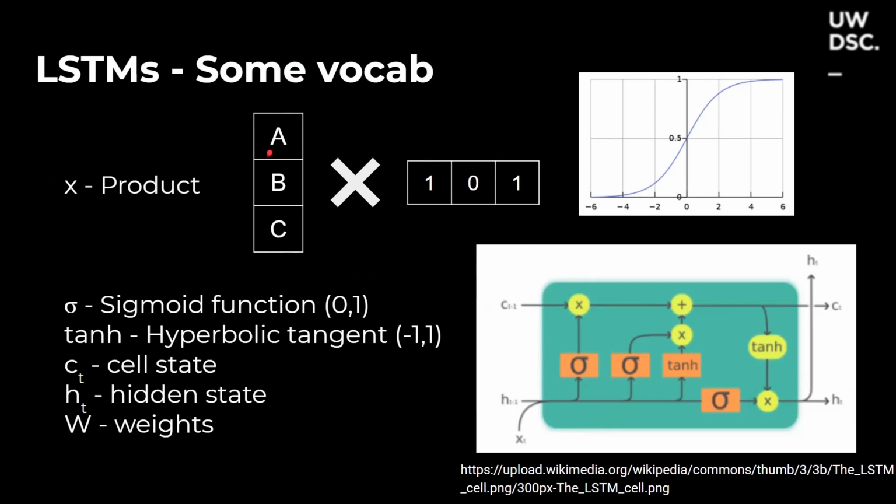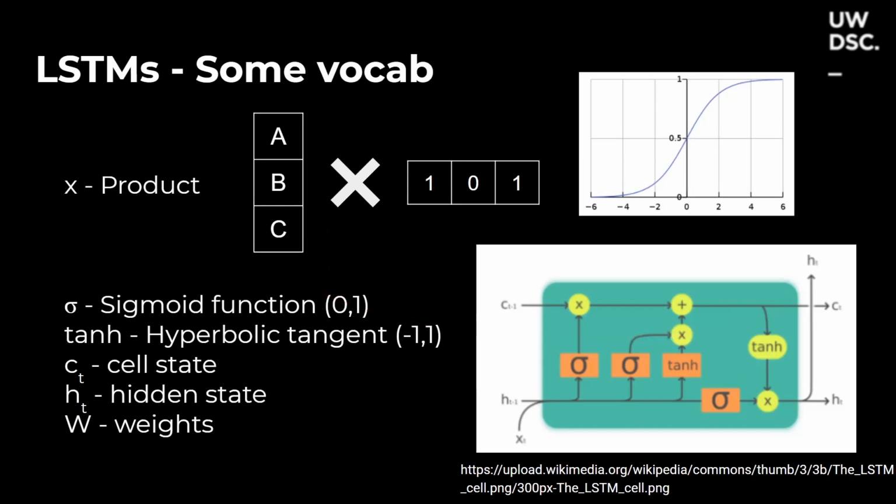For example, ABC times 101 returns something like A0C. That just means the model is ignoring B and keeping A and C, if that makes sense.